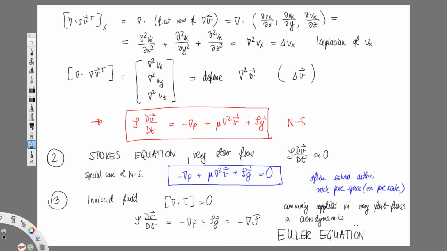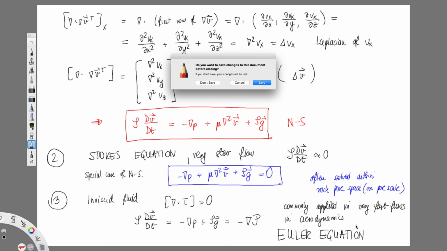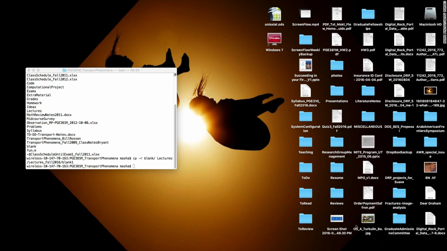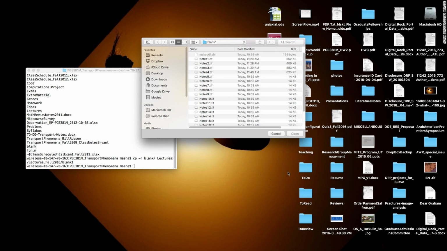All right, and the final one, I will just write it down and then we can quickly comment on it next time. The final one is the Bernoulli equation.